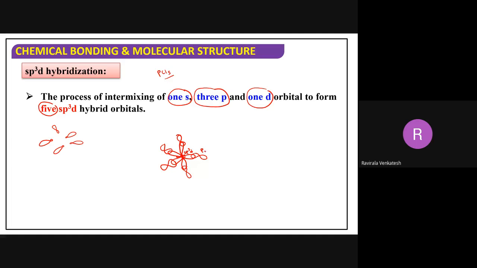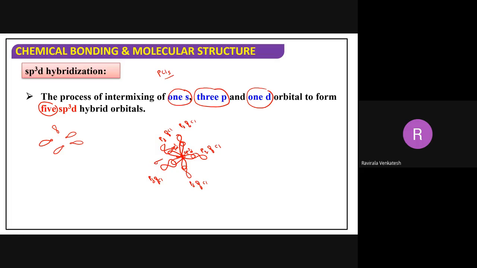This is the pz orbital of chlorine. This is for phosphorus actually, sp3d. This is the pz of chlorine. And this is also pz of chlorine. This one also pz orbital of chlorine.